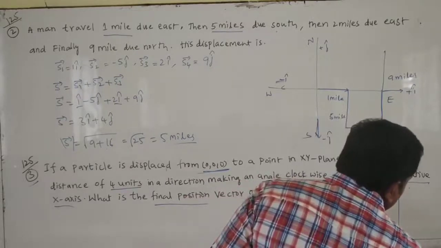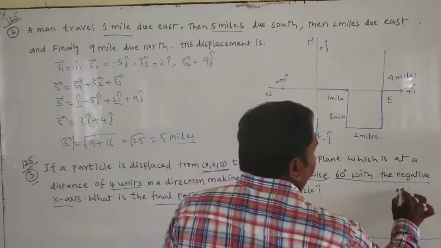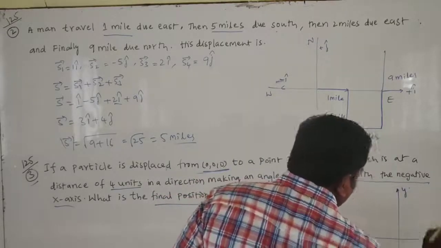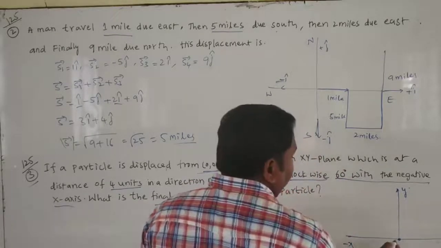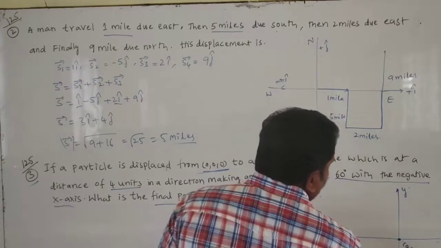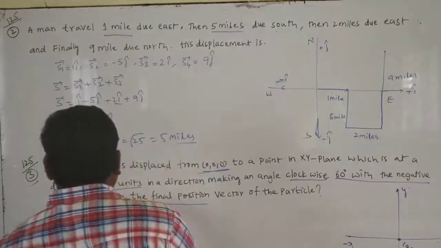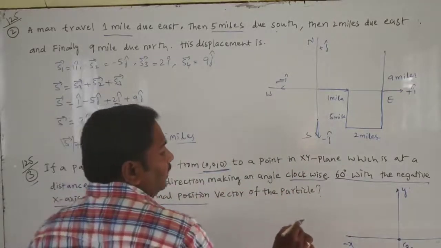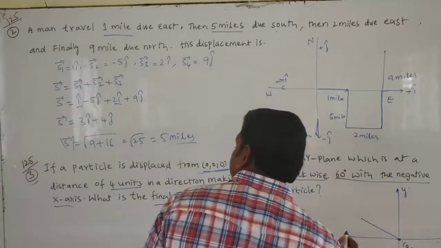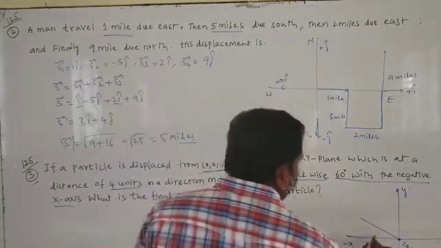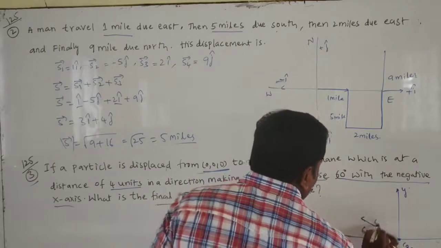This is the positive x-axis, negative x-axis, positive y-axis, negative y-axis. This is the origin, and there is a vector in the xy plane. Its magnitude is 4 units.